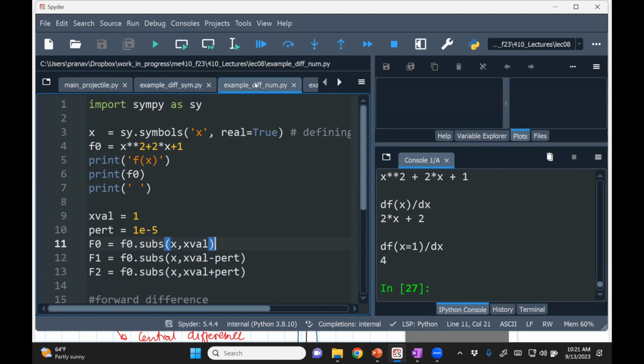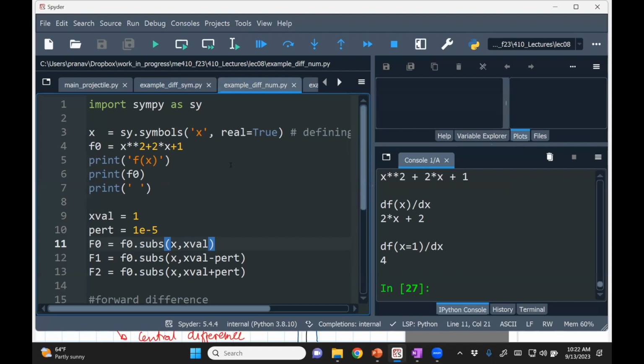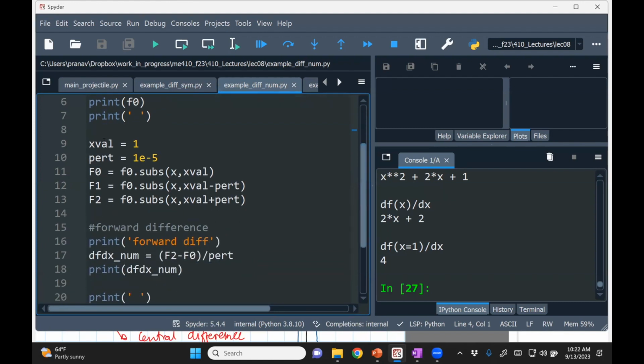Python using the symbolic toolbox. Here is how to do the same thing; I've done both forward and central difference. Here I have defined f0 with the symbolic toolbox, but you really don't need it. You can just define a function, so if you input x, it gives you f0. Here I want to compute the derivative at 1, like before.